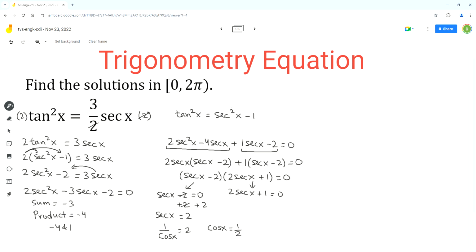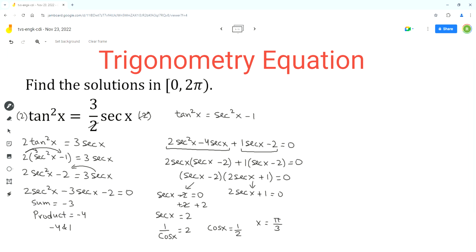We have to find the value of x for which cos x is equal to 1 over 2 in the given interval 0 to 2 pi. The value of cos is 1 over 2, a positive value. So as per the CAST rule or the ASTC rule, x should be in quadrant 1 or quadrant 4. In quadrant 1, x should be equal to the special angle pi over 3.